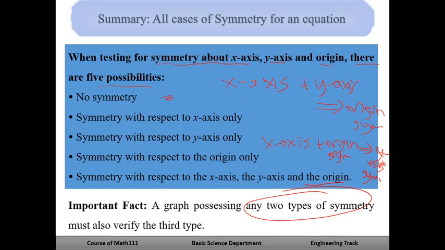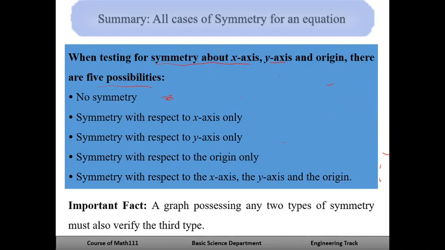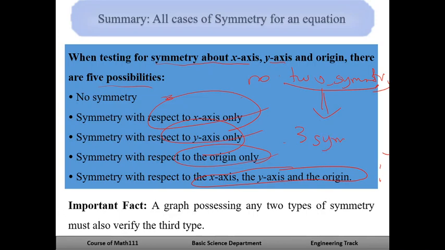So in summary, you get all symmetries together or only one of them. No two symmetries only. It means 2 symmetries means 3 symmetries.